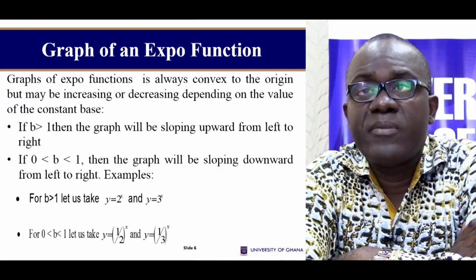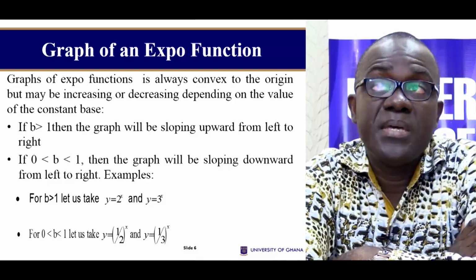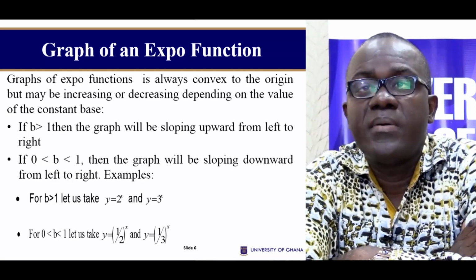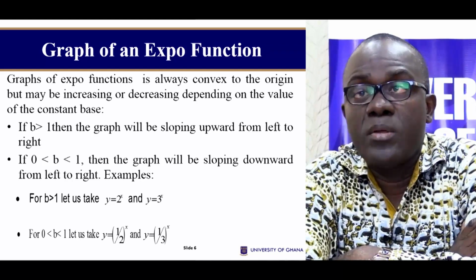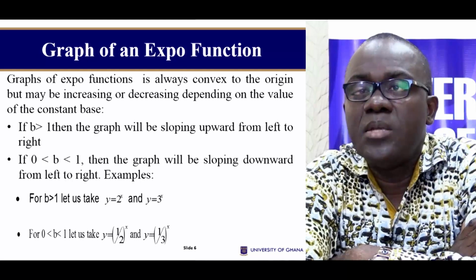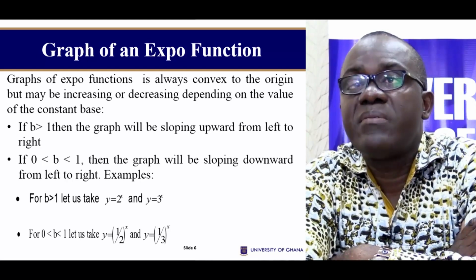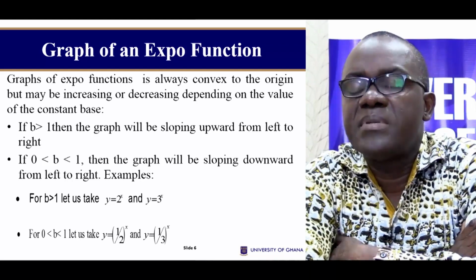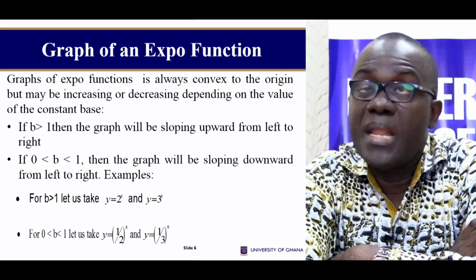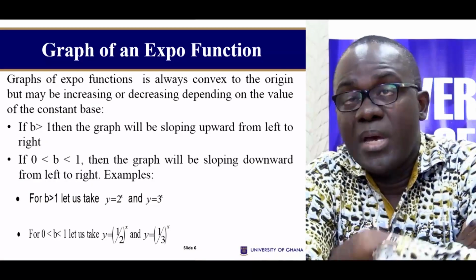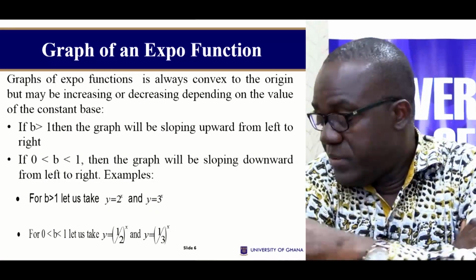One thing you need to know is that for an exponential function, the base b should be positive. When it's between 0 and 1, you can get half as an example. When it's greater than 1, you can get the example that I've given here. So it's always important to know that you can have the base being greater than 1 or lying within that range. And based upon the value of b, you are able to know how the function behaves.